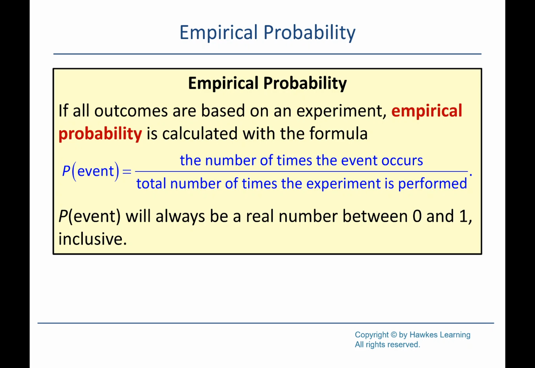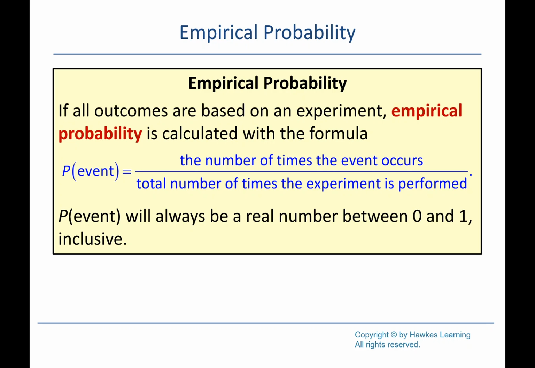What we're doing is we're just going to look at some outcomes, and we look at how many times our event occurs out of how many times the experiment was performed. So our bottom number here is not all the possible outcomes, this is just however many times we're going to do our experiment.